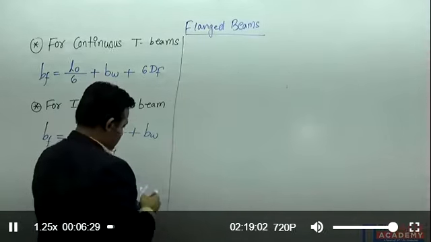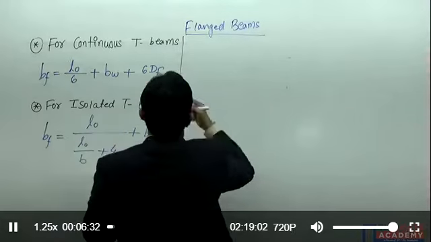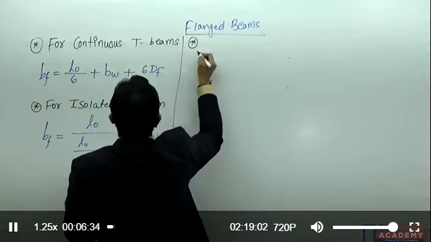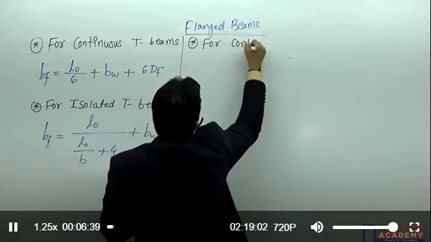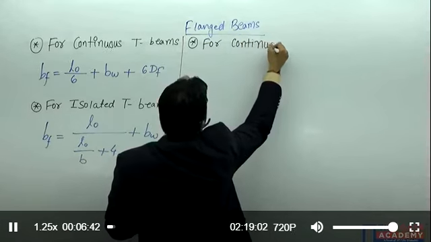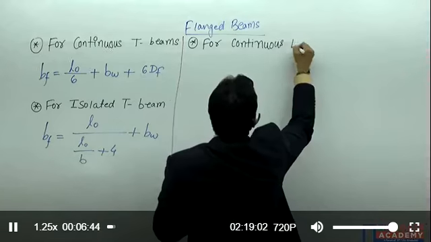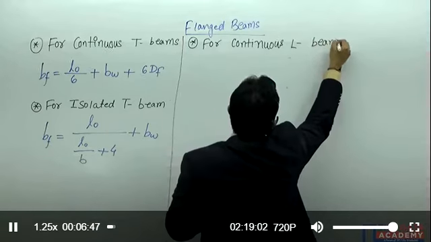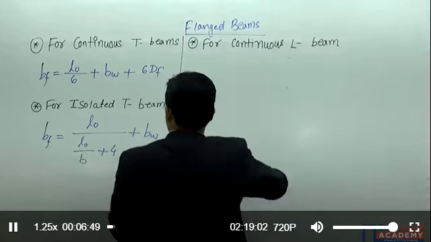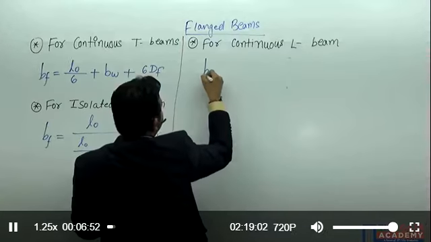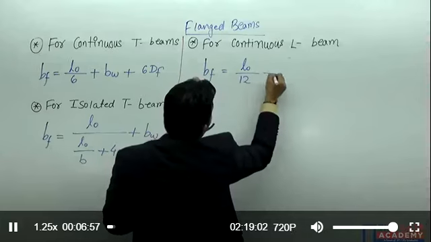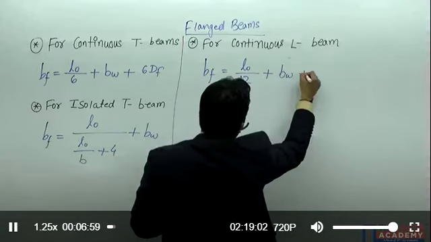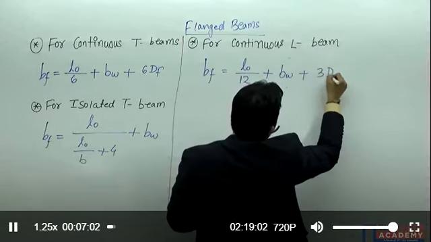The next is for a continuous L-beam. For a continuous L-beam, the effective width bf is given as L0/12 + bw + 3Df.